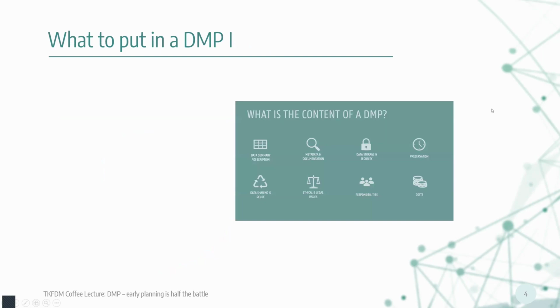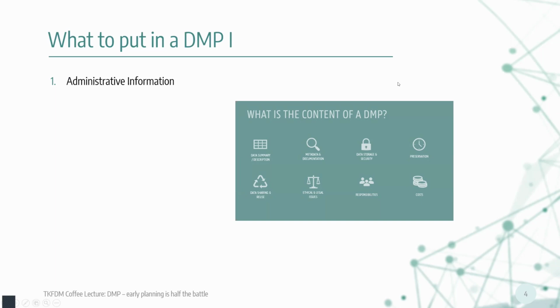Now, as I said, we're going to talk a little bit more about what you should be putting into a data management plan. This overview is also a rough idea. It might vary on your project's needs, what kind of data you're collecting, whether you need all of these and in what detail. But in general, it's a good idea to include most of this or all of it.